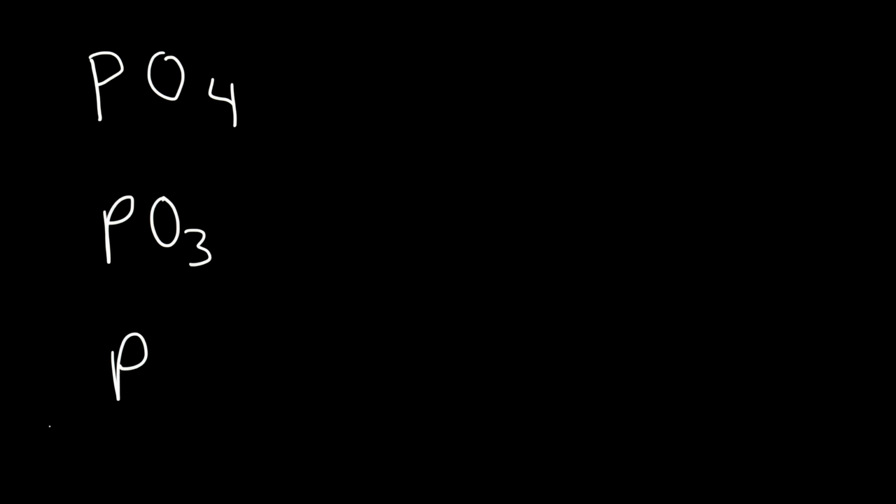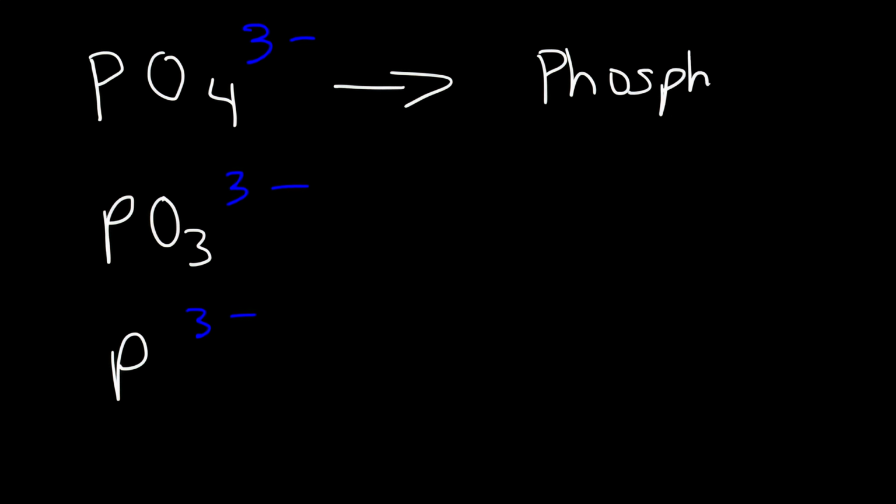Here are some other examples that you need to know. PO4, PO3, and P. All three of these have a 3 minus charge. So what is the name of PO4 3 minus, if you had to guess? PO4 3 minus is known as phosphate. PO3 3 minus is called phosphite.